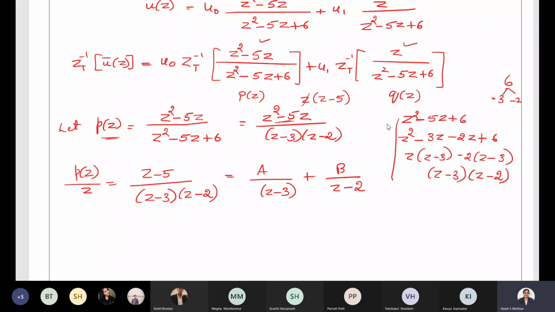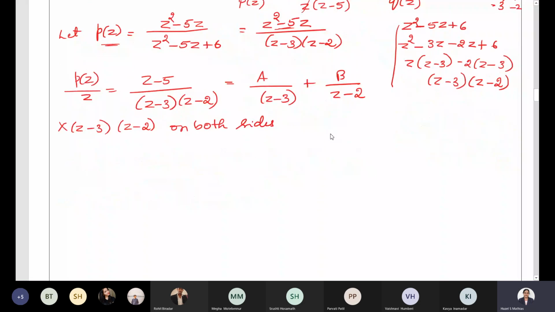So next we multiply by z minus 3 into z minus 2 on both sides. What happens when you multiply by z minus 3 into z minus 2? Here when you multiply, it gets cancelled, z minus 5 remains. Z minus 3 gets cancelled, so what will remain?